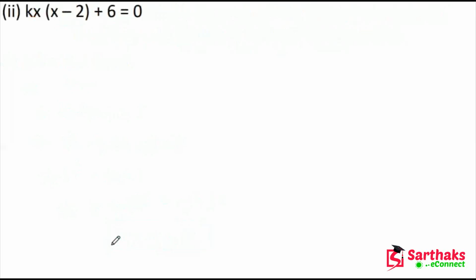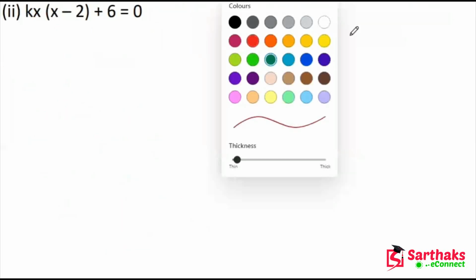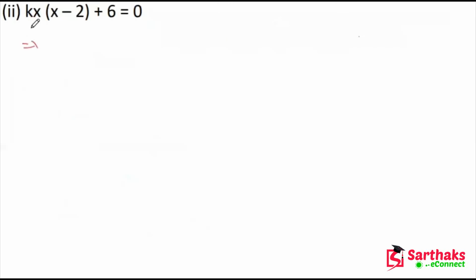So again, in this case, we have to find k also. So first of all, we have to solve it. k x square minus 2k x plus 6 equals 0. This is our standard form. Now D equals 0 and b square minus 4ac equals 0.